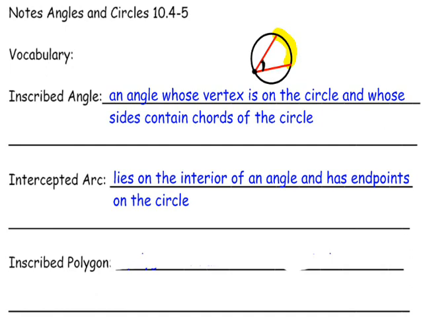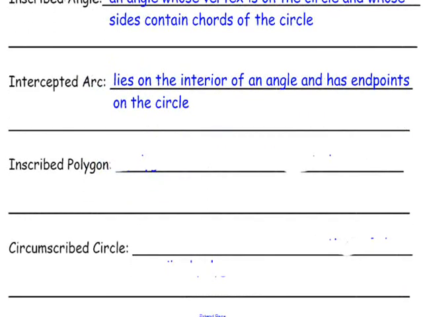All right, and then we can have an inscribed polygon. We've talked about these before. So an inscribed polygon is a polygon with all vertices on a circle. We talked about it back in our triangle unit, specifically when we were talking about the circumcenter of the triangle. So let's see how this one works.